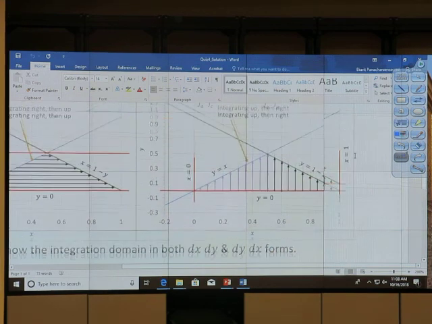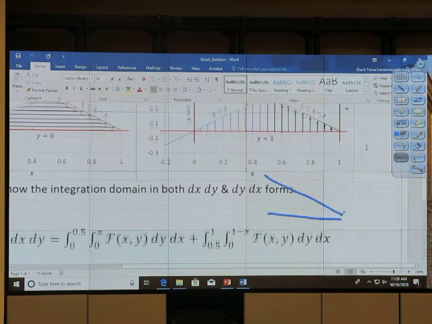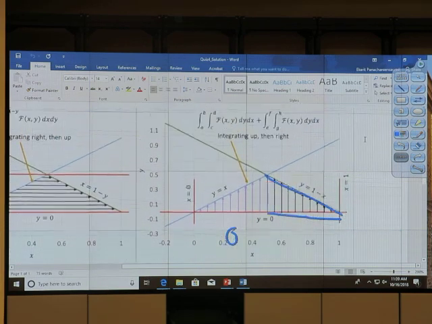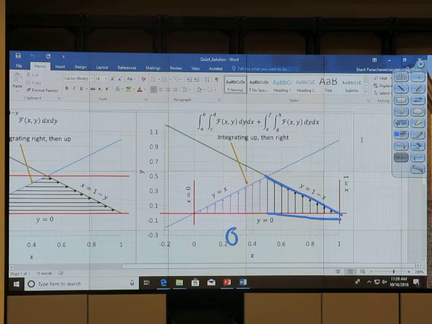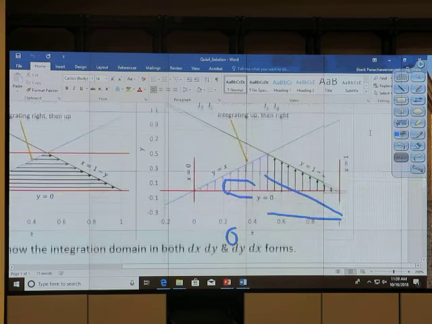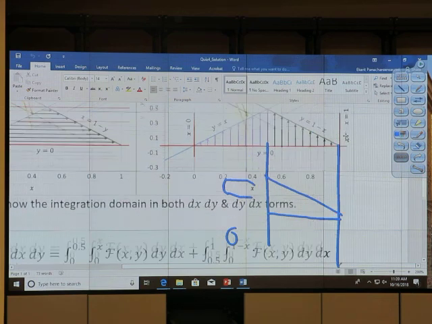The second time, I do from 0 to 1 minus y. So that's how I get 0, or instead of 1 minus y, it has to be y equal to something. So I have 0 to y equal to 1 minus x. And then I still do left to right, which is that line to that line, 0.5 to 1.